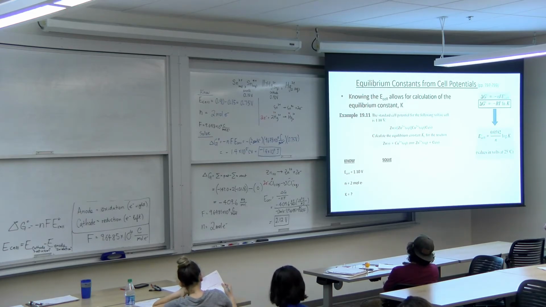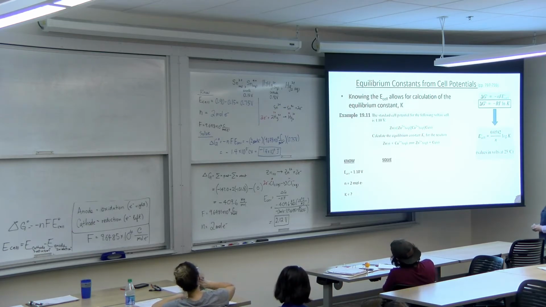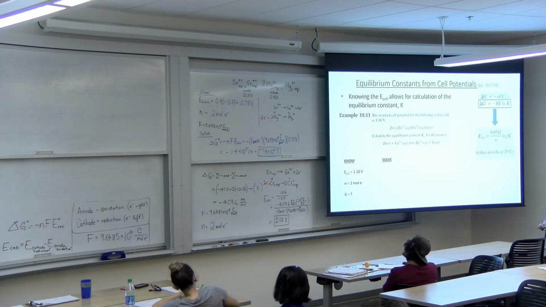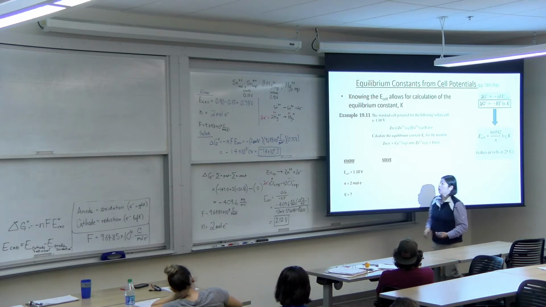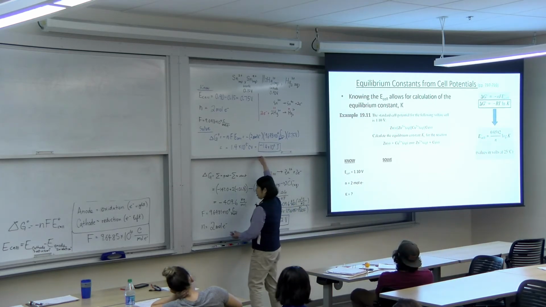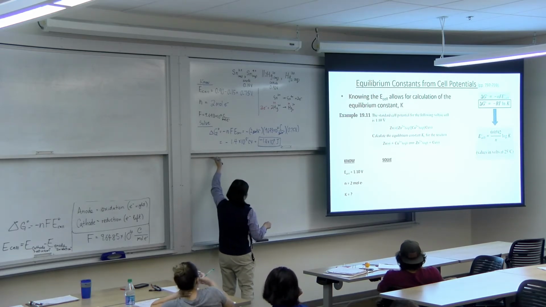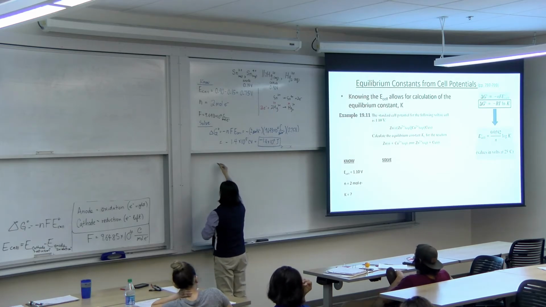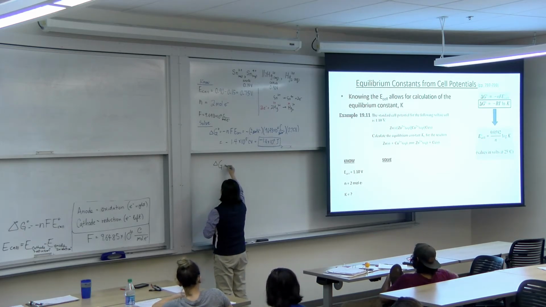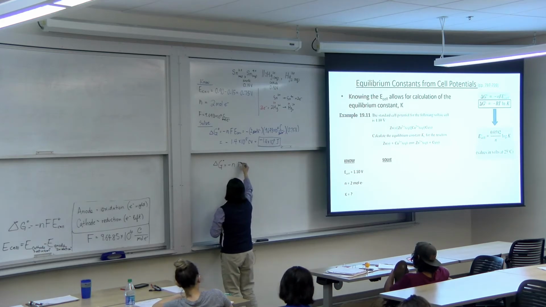So, looking at example 19.11, they say that the standard cell potential for the following voltaic cell is 1.10 volts. That is the E cell. And they ask you to calculate the equilibrium constant, in this case Kc, for the following reaction. Now, just as a very quick overview of how they get to this equation that we're going to use, we know from this chapter that delta G is equal to minus nF E cell.